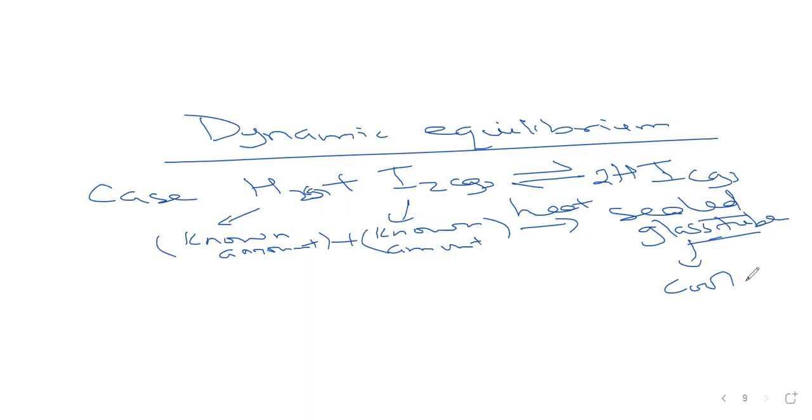If I analyze the gaseous mixture at the end of the reaction or after some time, I'll find that in the mixture, I still have hydrogen iodide, I still have some iodine, and I still have hydrogen. That's a key to show that the reaction is reversible or an equilibrium is established. And it implies that both the forward and backward reactions are still taking place.